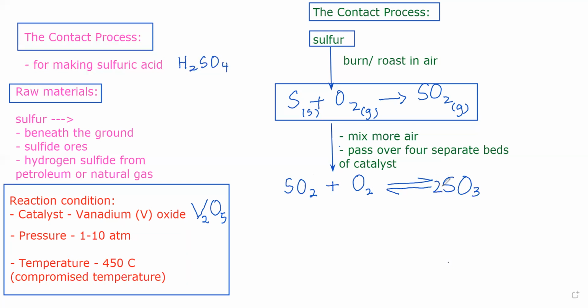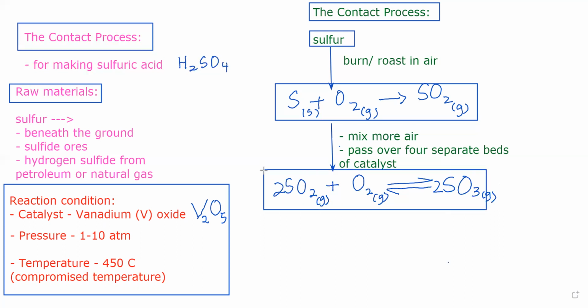Let's balance it. Sulfur dioxide is a gas, oxygen is a gas too, and sulfur trioxide is a gas. This is the main equation to keep in mind, remembering that the forward reaction is exothermic and the backward reaction is endothermic. Later, when we do equilibrium questions, it will help us.